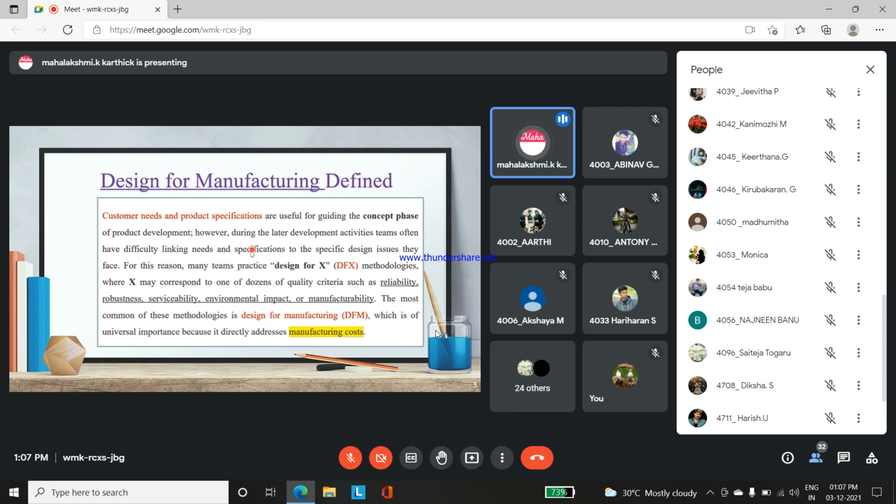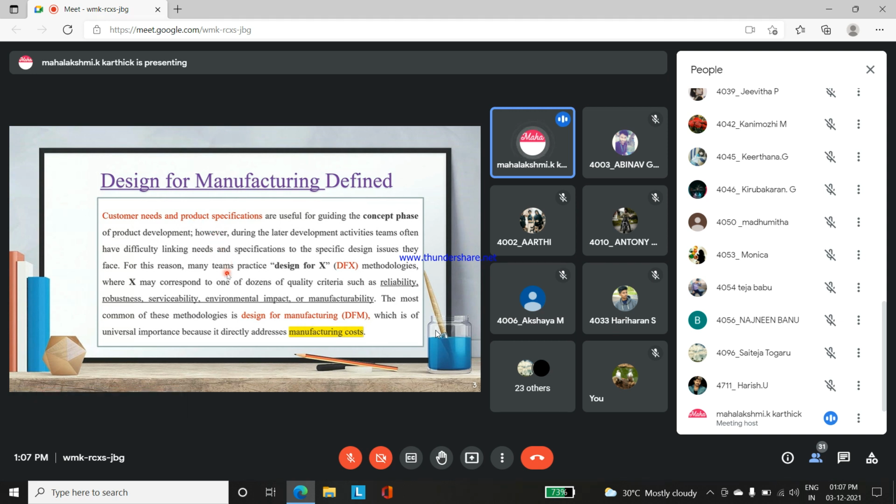So there are a lot of reasons why we have to focus on design for manufacturing. If this is not satisfied, then there is no use of producing a product and selling it to the customer. Obviously, it is not going to reach an economic success product.